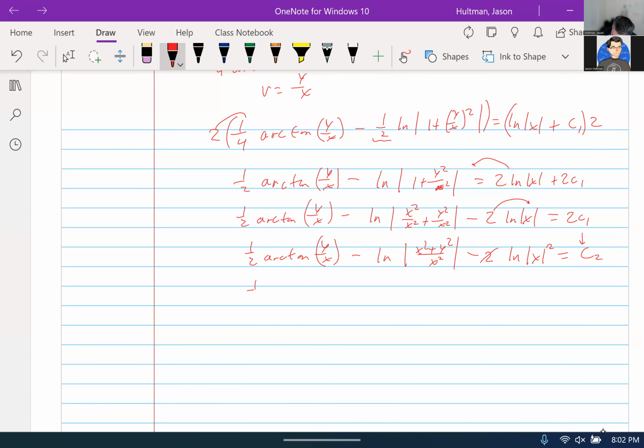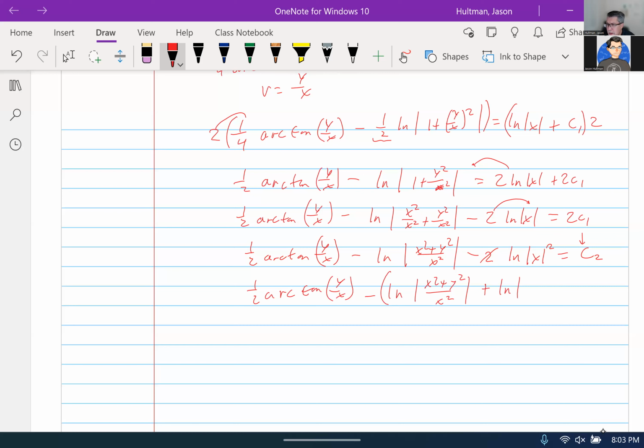Maybe I'll do an extra line here just to convince you of what I'm doing algebraically. 1/2 arctan y over x minus, I'm going to factor out the negative from this, and this will become natural log of x squared plus y squared over x squared, plus the natural log of, and I can bring this squared inside, right?